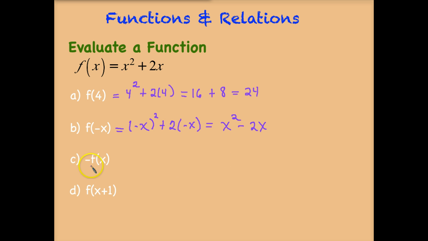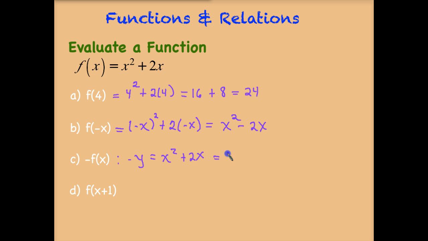Let's look at c. This is a little bit different. The negative is in front. Well, remember what f of x really is. It's just y. So what we're saying now, compared to b, we wanted a negative x. For c, we want a negative y. So we can write it like this. Negative y is equal to x squared plus 2x. Now we always need to simplify. We have a negative y. How do we remove the negative, or how do we get rid of it? We can either multiply through by a negative 1, or we can divide through by a negative 1.